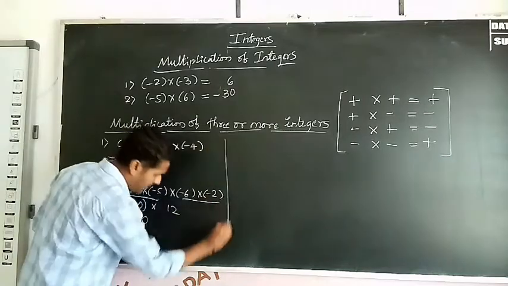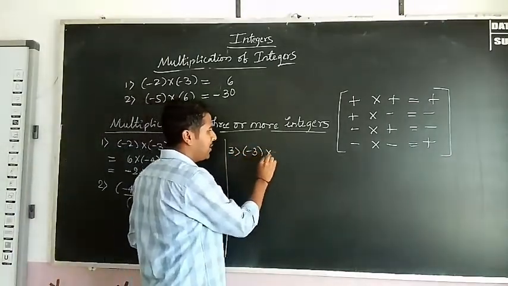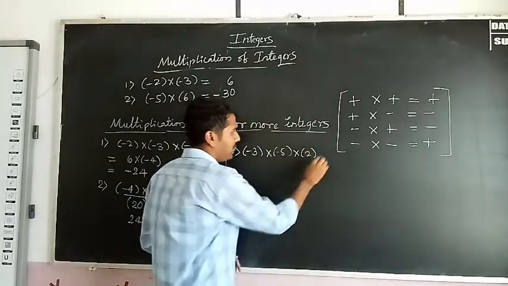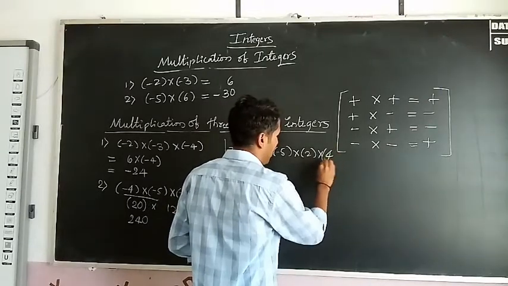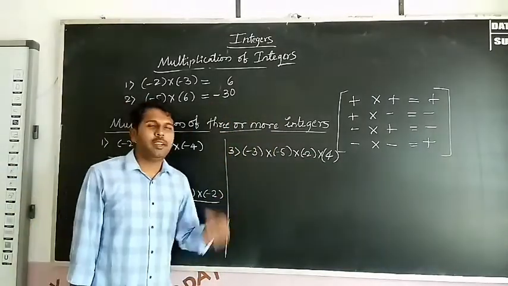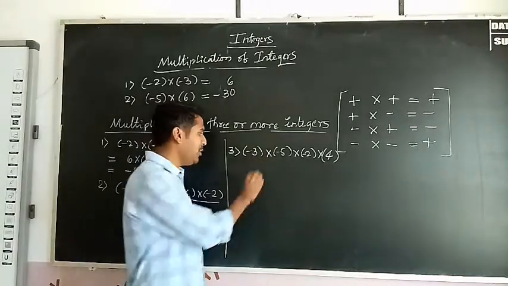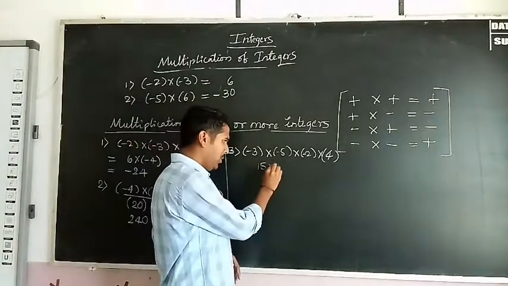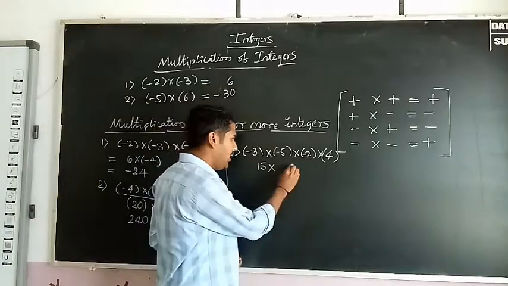Next, take another example: minus 3, minus 5, 2, 4, and take minus 2. Now multiply any two integers. Take these two: 3 into 5, 15. Minus into minus is plus. Again now multiply these two integers: 2 into 4, 8.